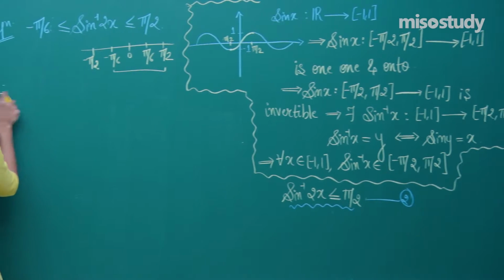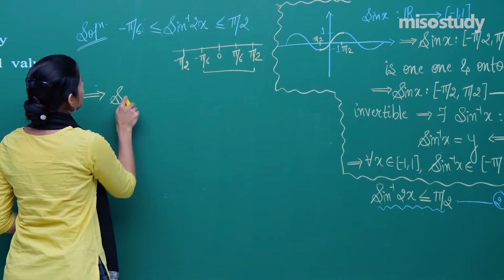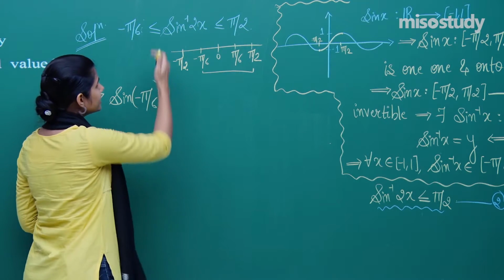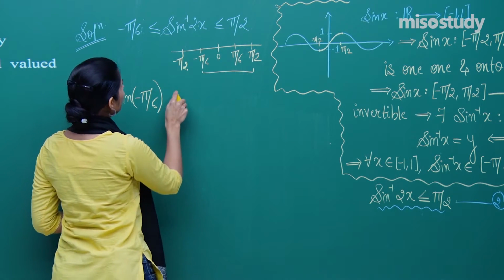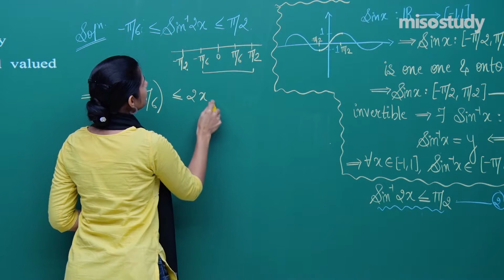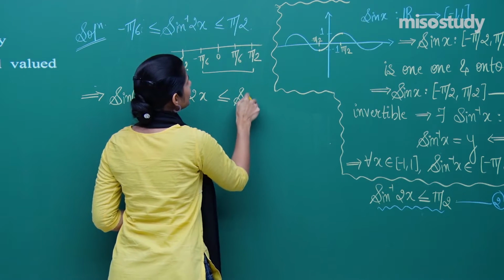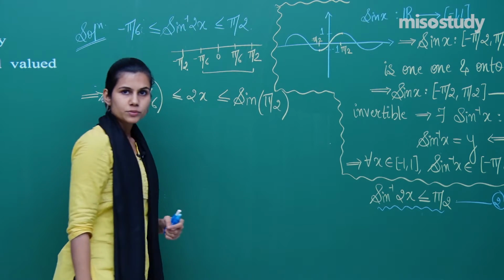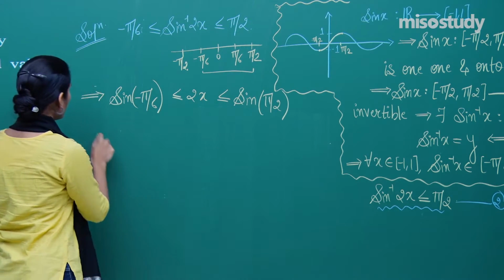And that is why by the definition I can write that this can happen only when sine of minus pi by 6 is less than or equal to 2x is less than or equal to sine of pi by 2.